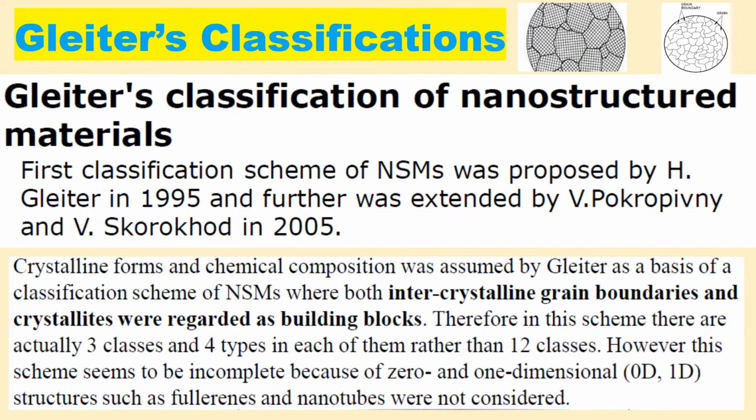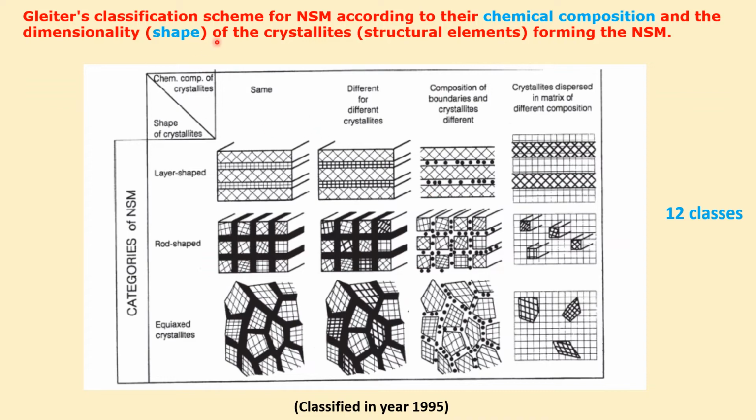Gleiter's classification is based on the chemical composition and the shape of the crystallites and their arrangements. We can see there are 12 classes, or 12 kinds of arrangements.